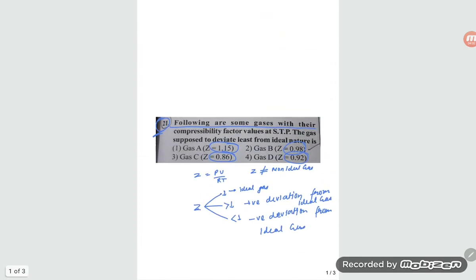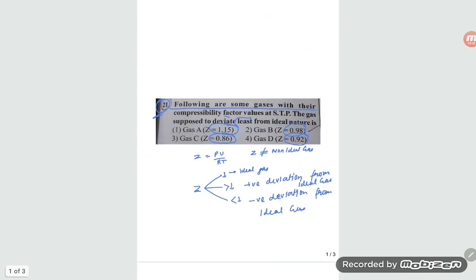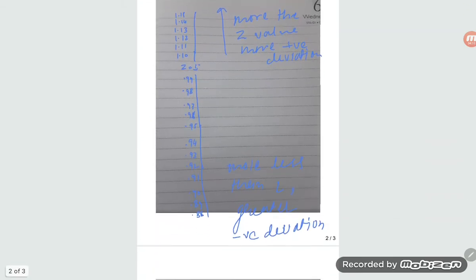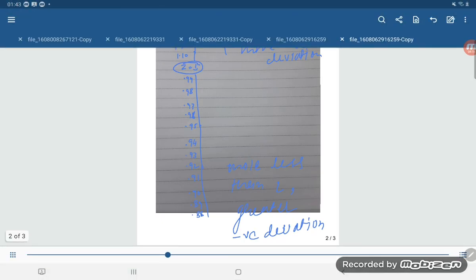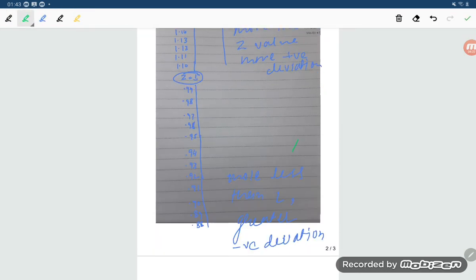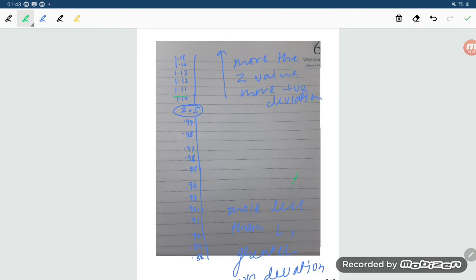Our question asks which gas deviates least from ideal behavior. Least deviation means it should be near to 1, because 1 is the ideal gas.